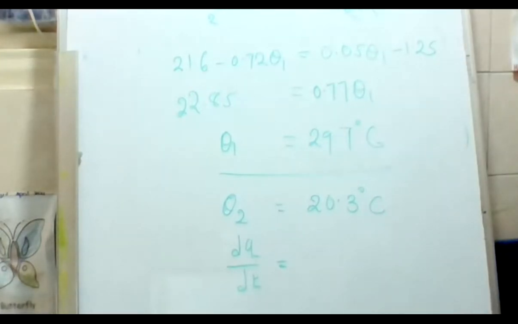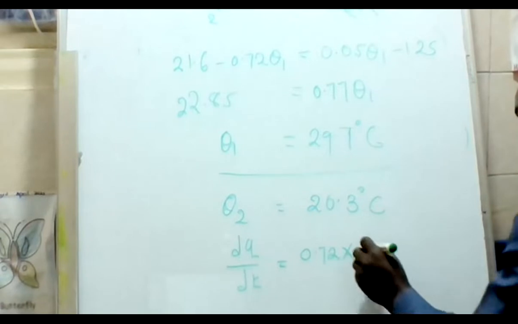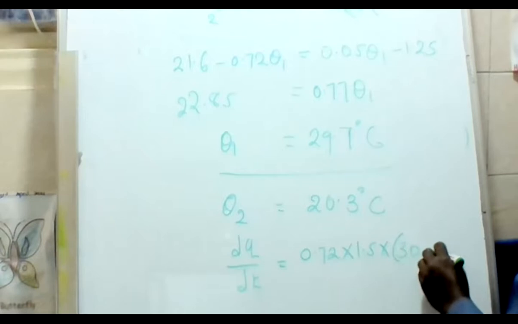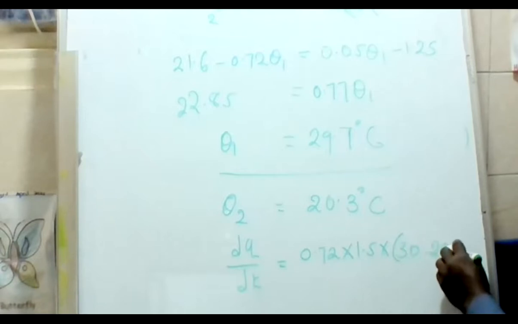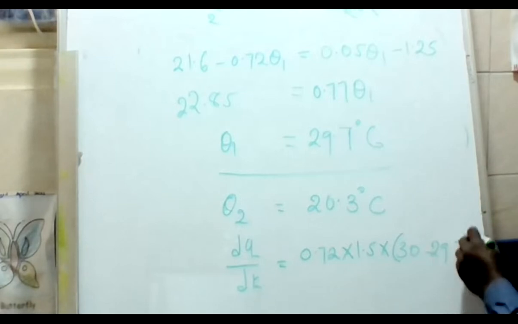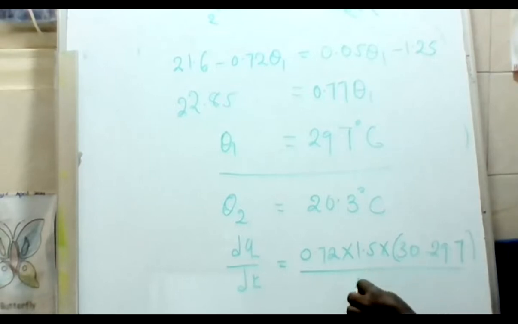So what we do, we go back and substitute in the original equation, which is 0.72 times the area which we already got, 1.5, and in brackets 30 minus 29.7, divided by 4 times 10 to the power negative 3. We can now get that answer.